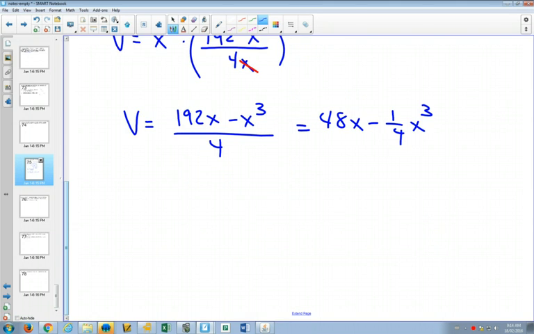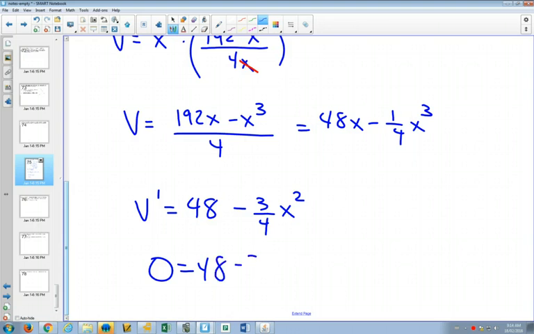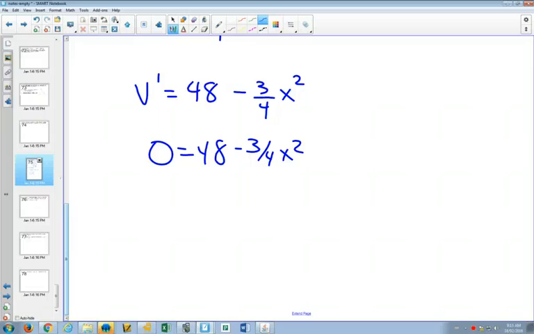So now that we've got our volume formula in terms of one variable, we can take the derivative. And the derivative here is going to be 48 minus 3/4 x squared. Setting that equal to 0 and solving.